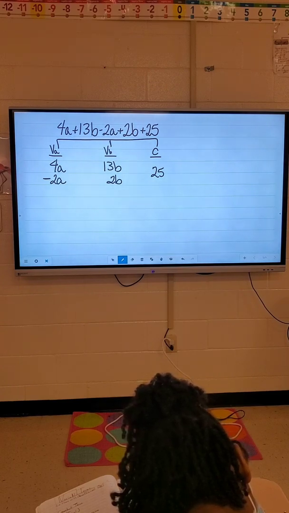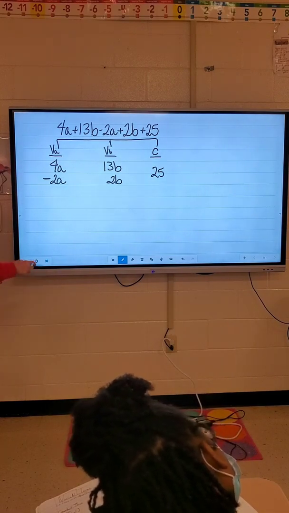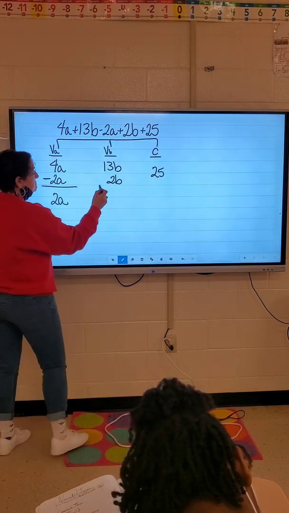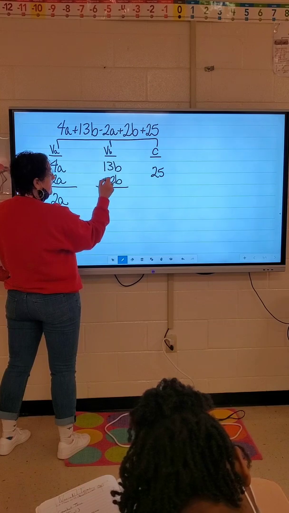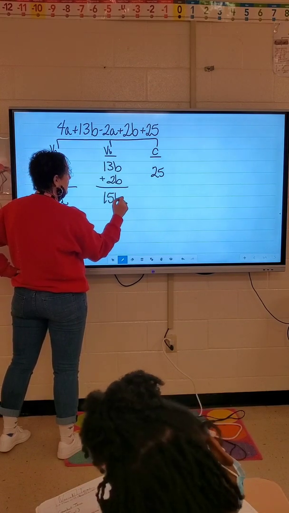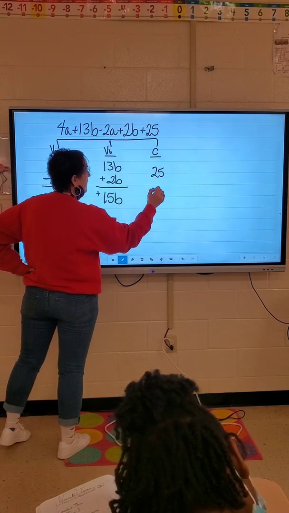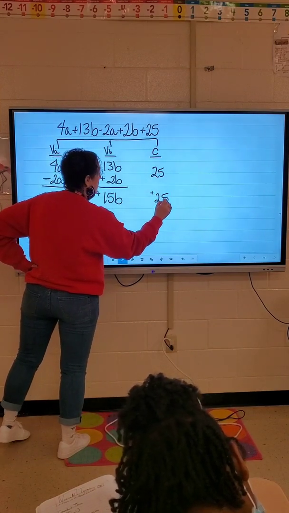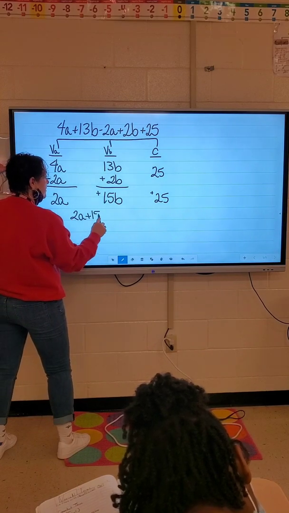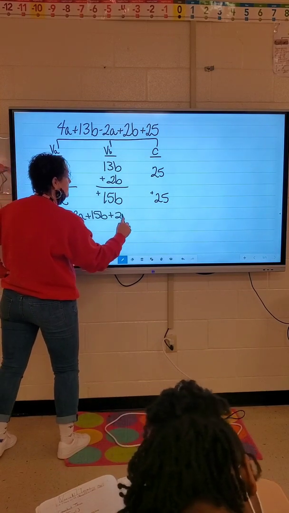Does that make sense? 4A minus 2A is 2A. 13B plus 2B is 15B. That's a positive 15B. And then a positive 25. We're going to take all those signs. And so our answer is 2A plus 15B plus 25.